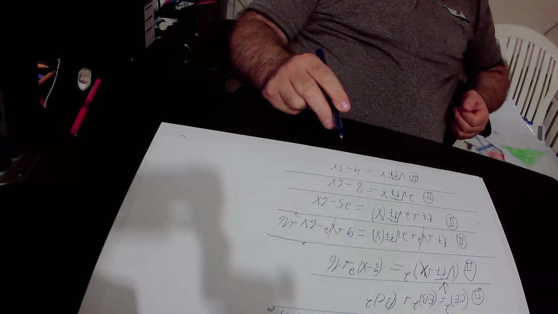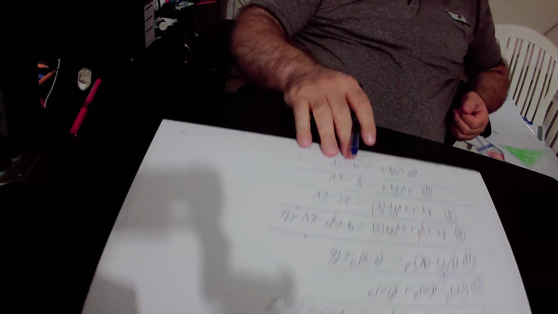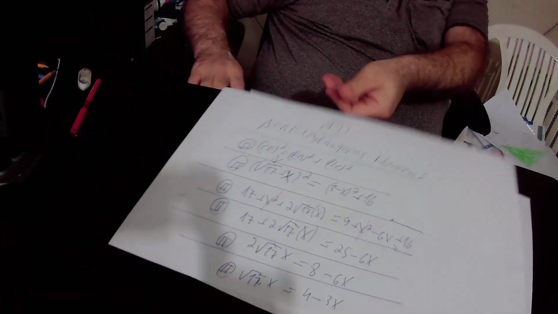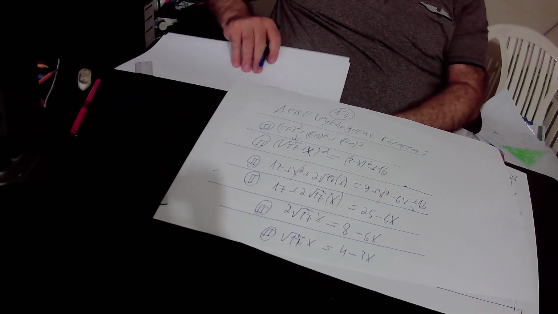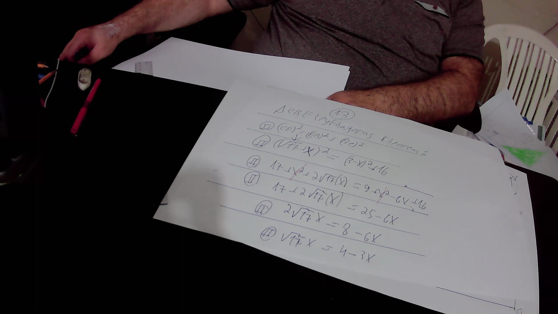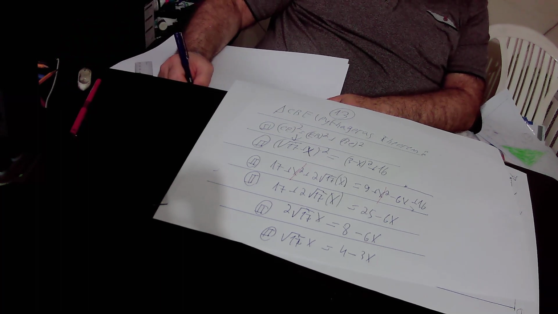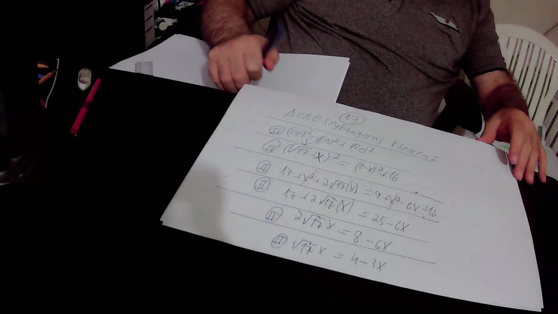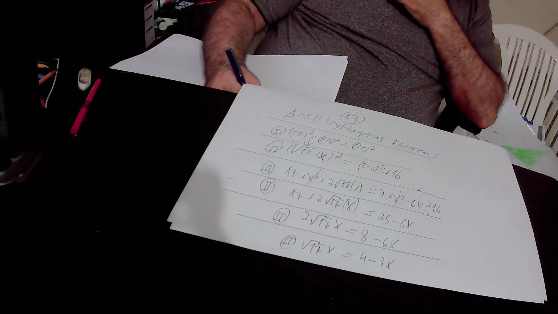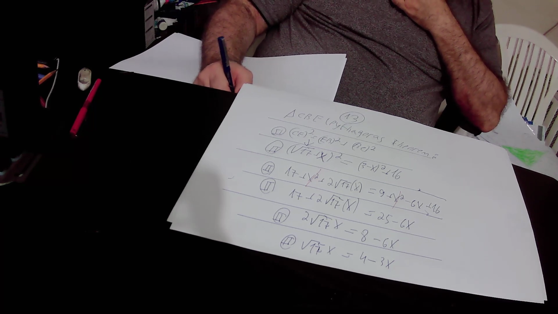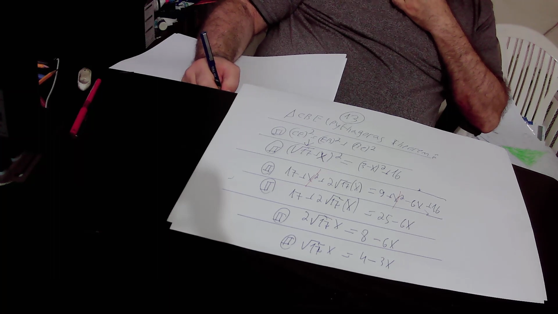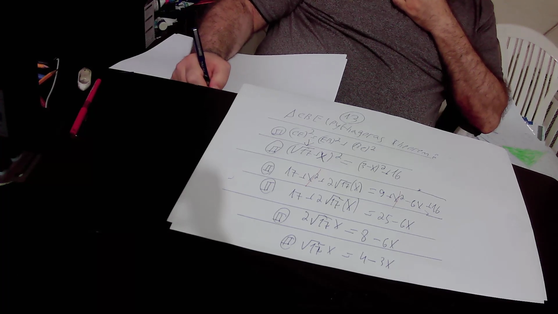Here we will add 3x to this equation number 2, and we will get that square root of 17 x plus 3x equals 4.